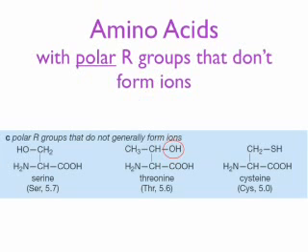For example, let's look at threonine in the middle. Threonine fits the mold of an amino acid. It's got the H2N, the amine group to the left, central carbon and carboxylic acid to the right. Then the R group going off the central carbon has an OH group. Now we know that the hydroxide group is a polar group, don't we?